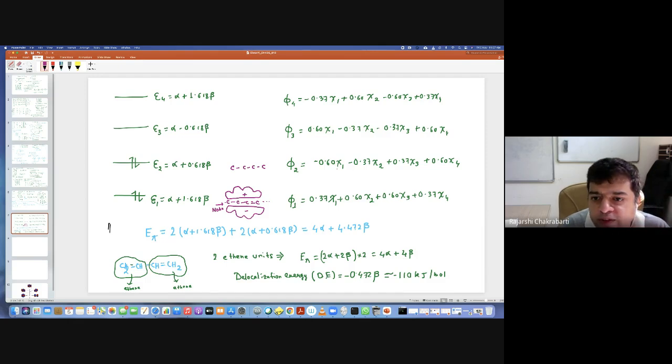So if you see, both are negative. One is 60, one is 37. Here both are positive. One is 37, next one is 60. So if I draw like this, it will be something like this. First one is bigger, like this. This will be minus, this will be plus.